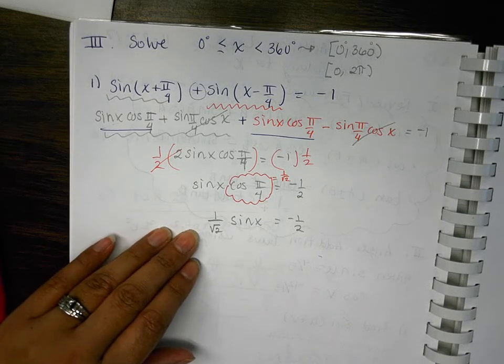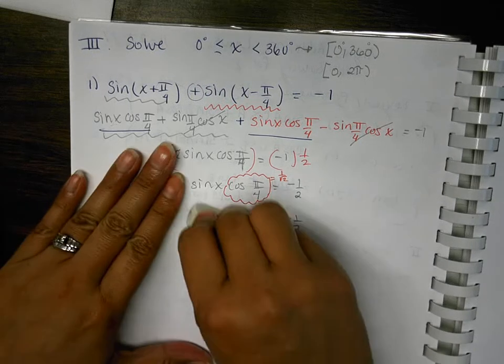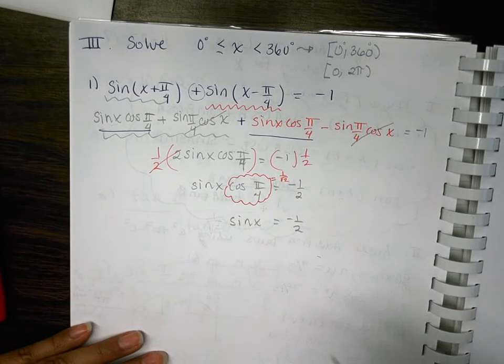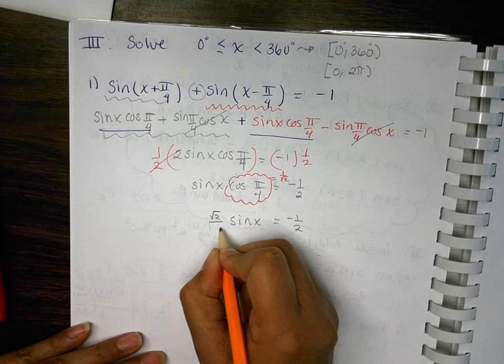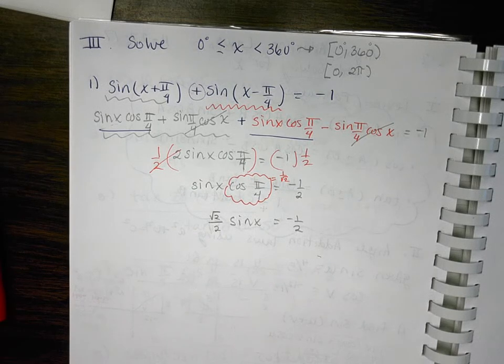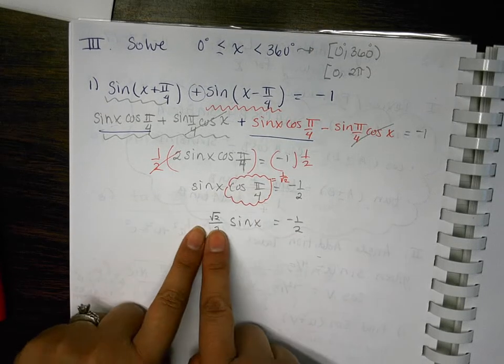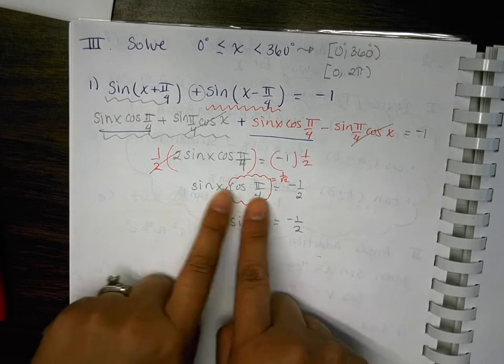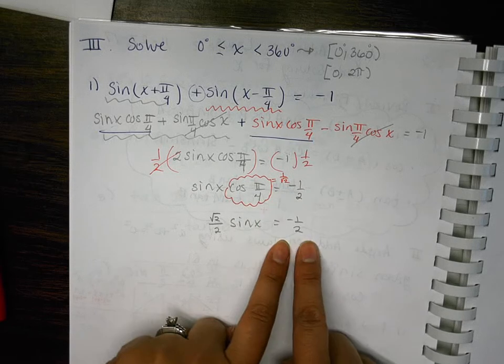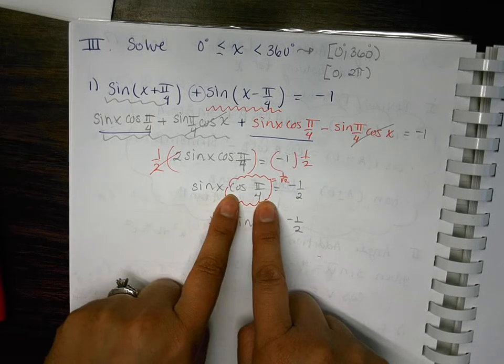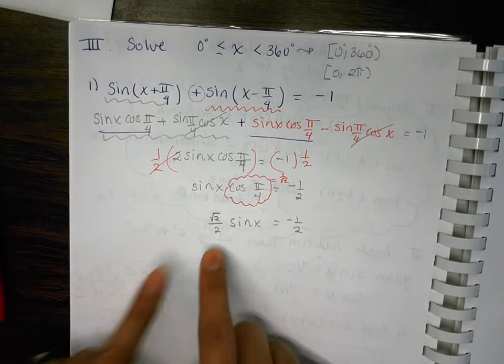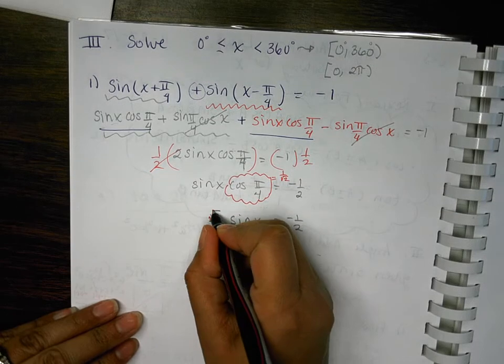Yes? Is root 2 over 2 the same as 1 over root 2? Yeah. All right. Does everybody see how I just simply took this red bubble and brought it to the front? Sine of x is still there, negative 1/2 is still there. Cosine of pi over 4 is root 2 over 2, and I just wrote it in the front so it looks more like how we're used to seeing it.